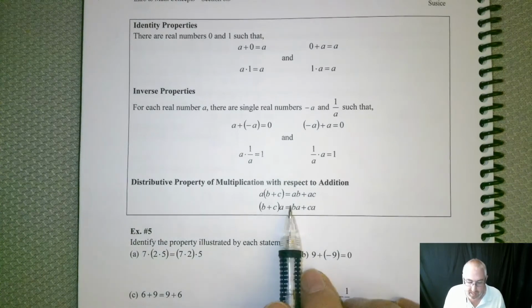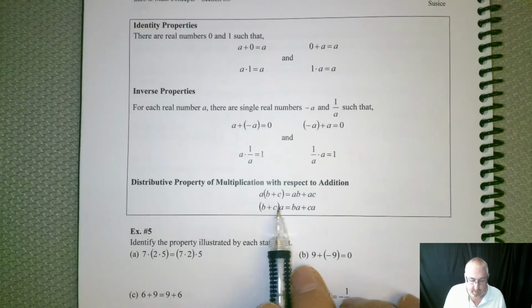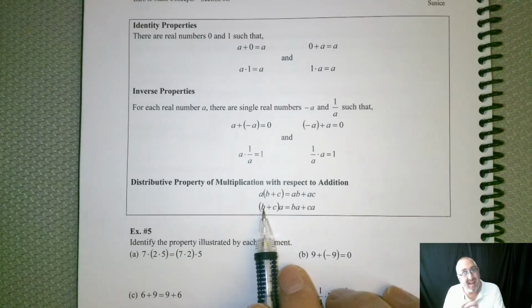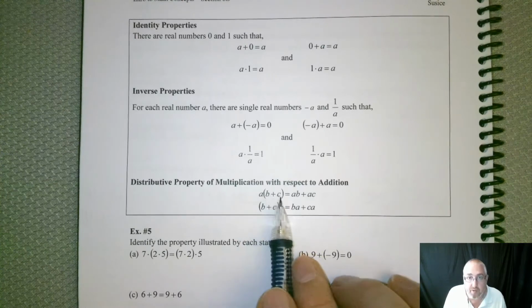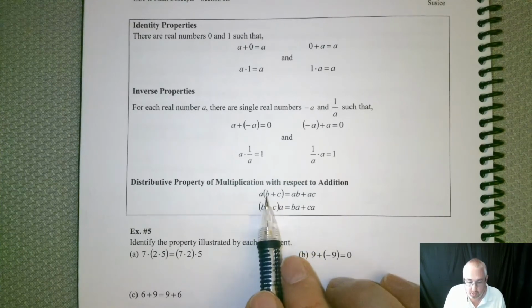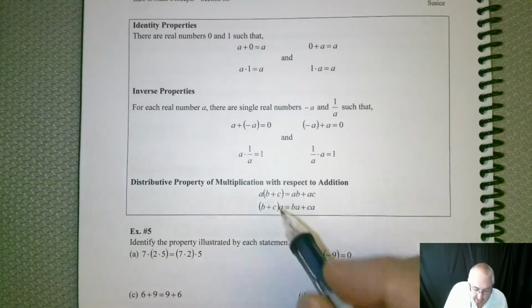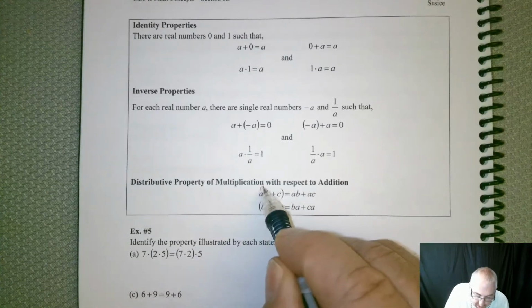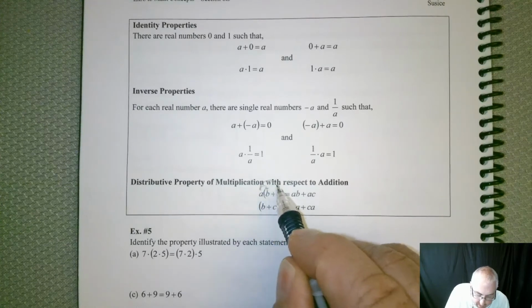The last one is the distributive property. And again, this one's a very important one. This one involves both multiplication and addition. So if you're taking a, which is a number, remember, and multiplying it by the sum of two numbers, you can do it that way and simplify the parentheses first, or you can distribute this a to both the b and the c.